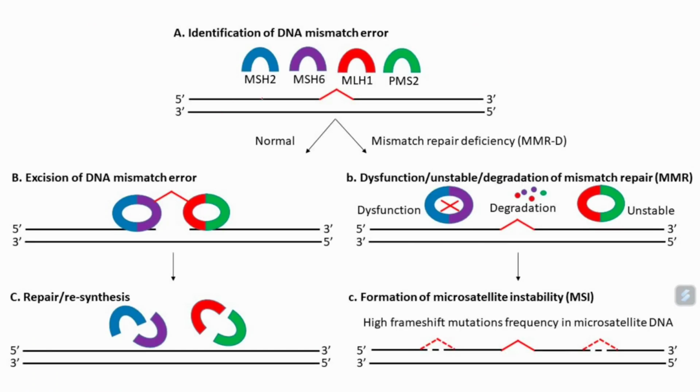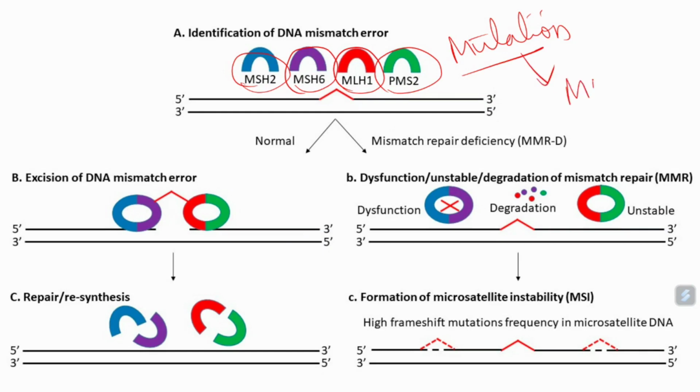For mismatch repair, these genes are involved: the MSH2 gene, MSH6 gene, MLH1 gene, and PMS2 gene. Whenever there is a mutation in these genes, mismatch repair system deficiency is seen, and there is no mismatch repair.